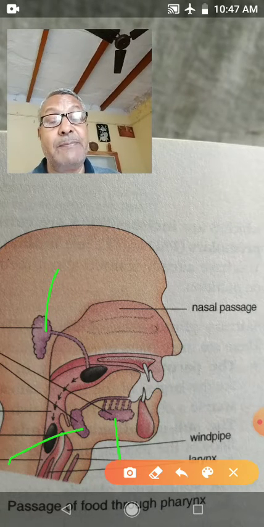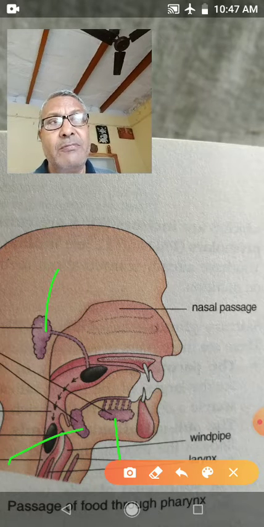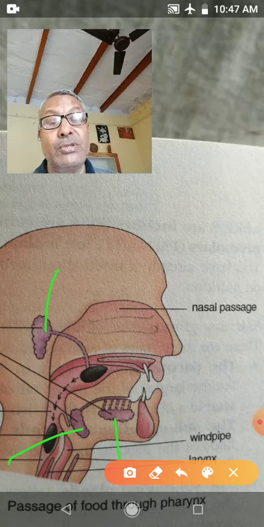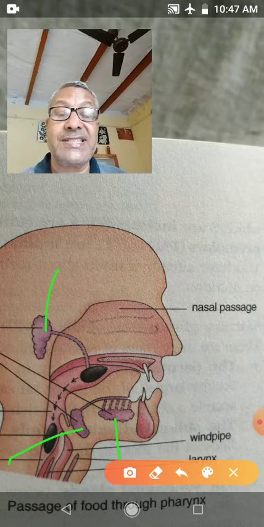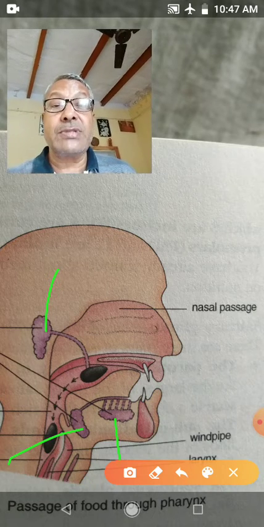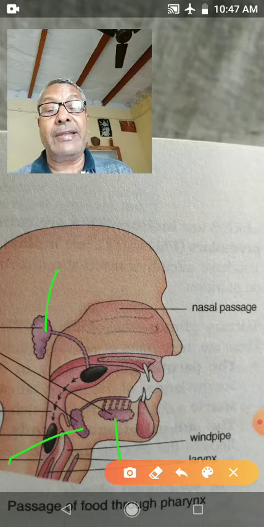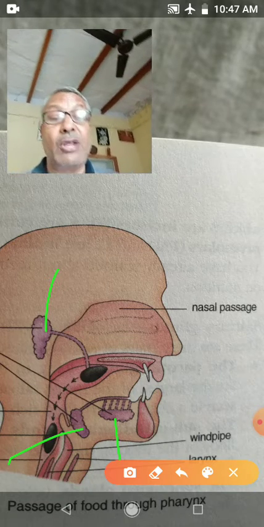Salivary amylase helps in digestion of starch. By the action of salivary amylase, starch is hydrolyzed into maltose. Lysozyme is present in the saliva. Lysozyme destroys the bacteria and germs which are coming along with the food.